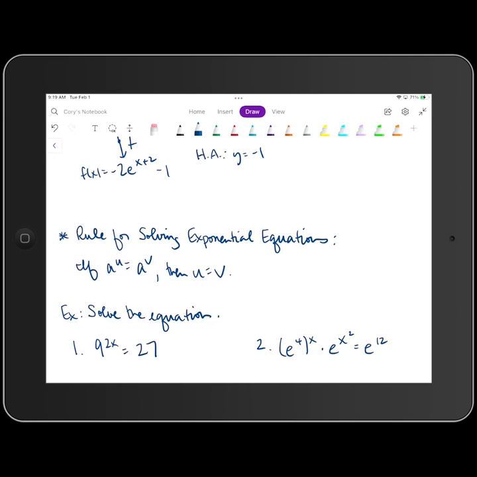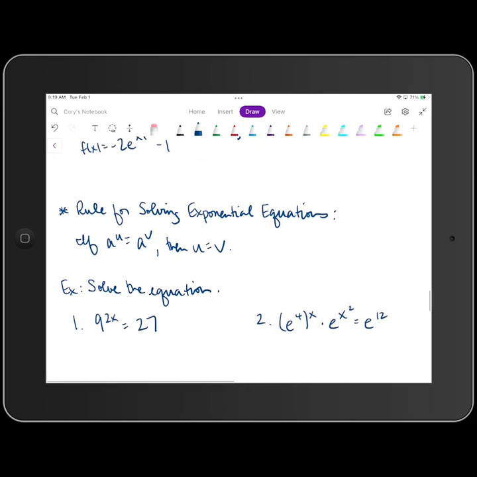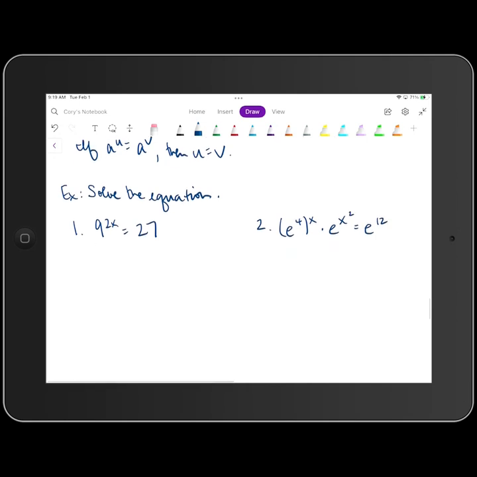Okay, so with that said, let's do two examples here where the directions ask us to solve the equation. For number 1, we have 9 raised to the 2x power is equal to 27. Our goal when solving this exponential equation is to get both sides of the equation written as an exponent that shares the same base.